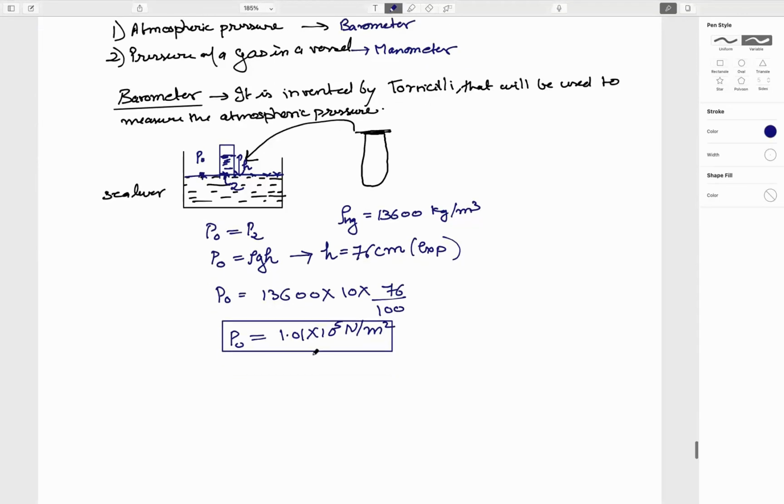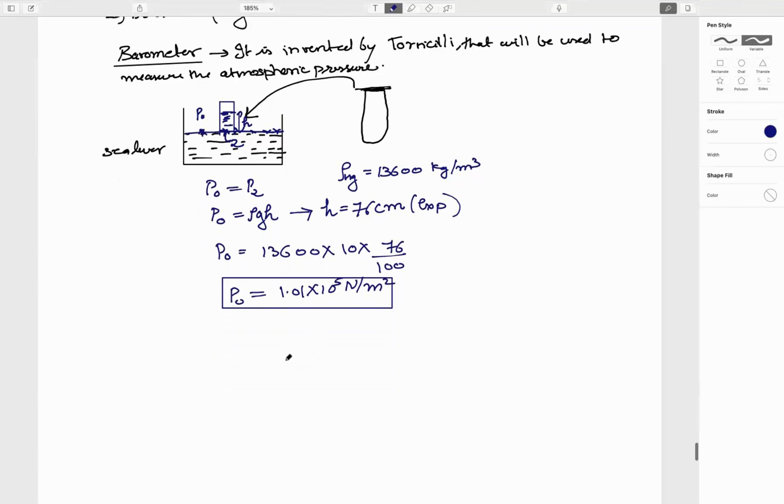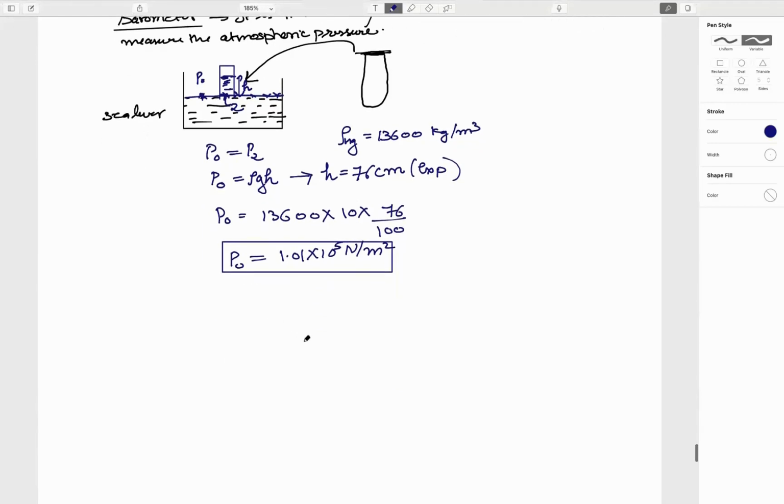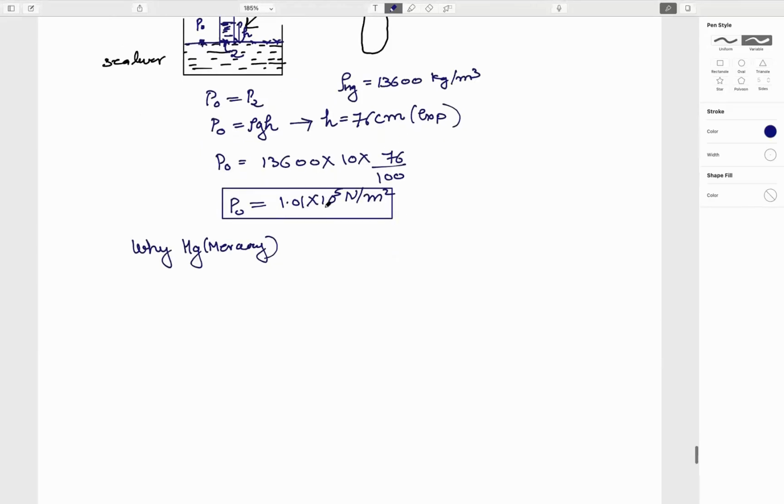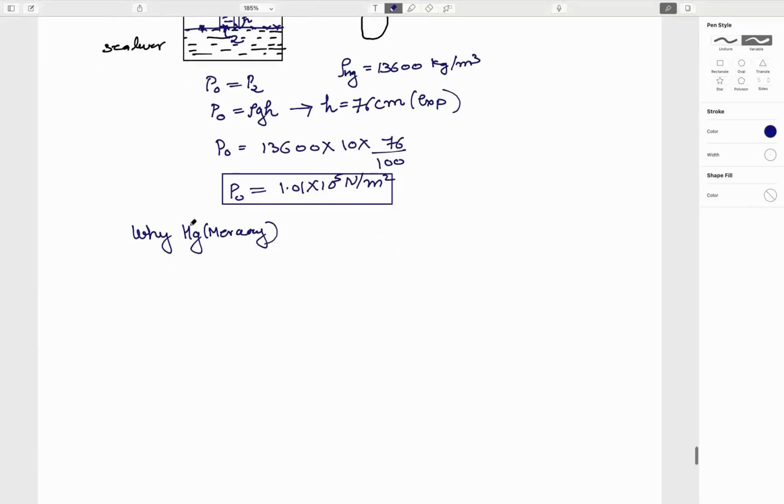You may ask why he has chosen mercury, and why not any other fluid. Why in general, when we calculate pressure, do we say it's 76 centimeter of mercury? Mercury is a high density liquid.